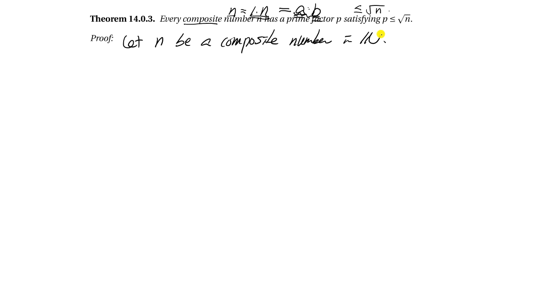Then n can be written as a times b, where a and b are positive integers, but they have certain properties.